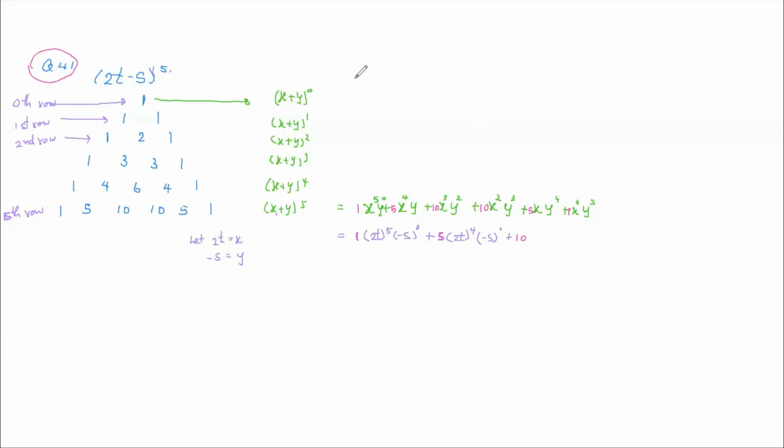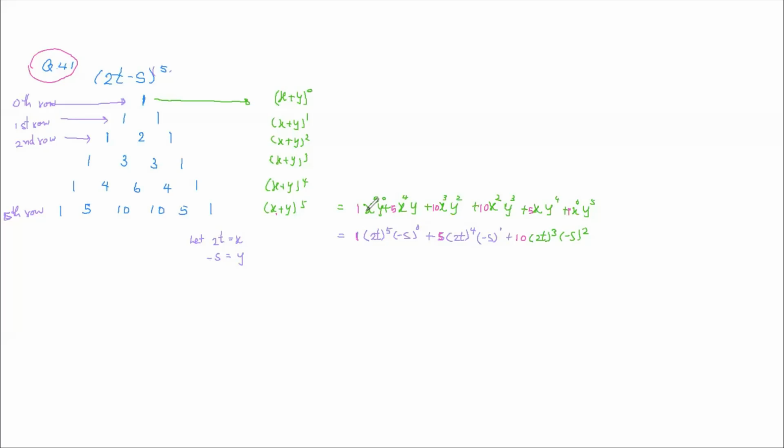Now this one is 10, right? So for this, first term 1, 2, 3. Right now here, 10, replace x with 2t, power 3, and y replaced with negative s power 2.